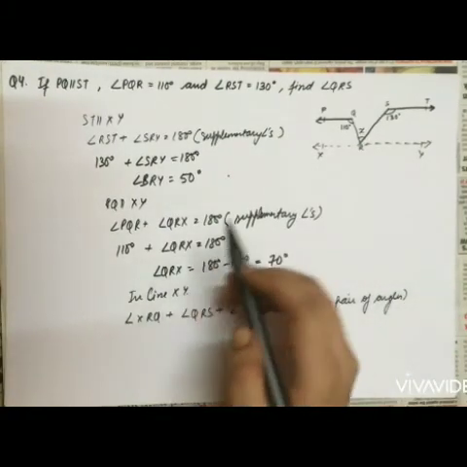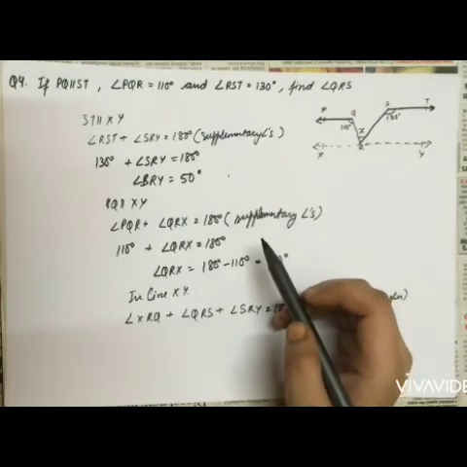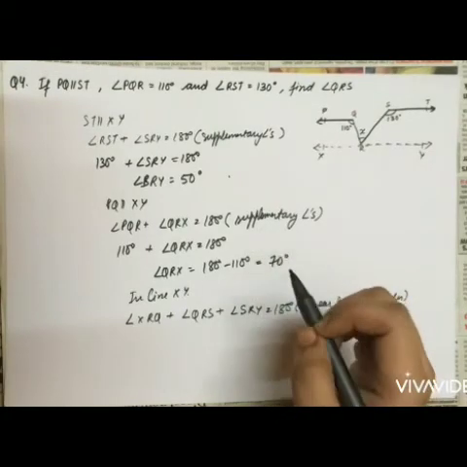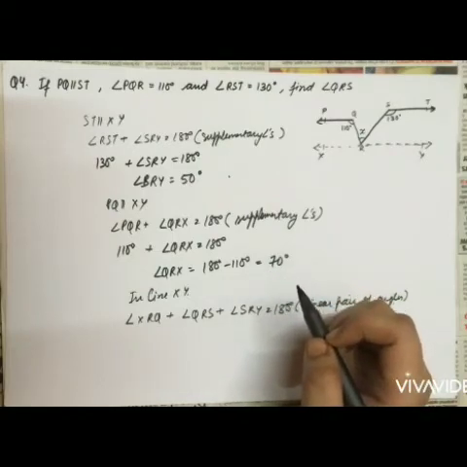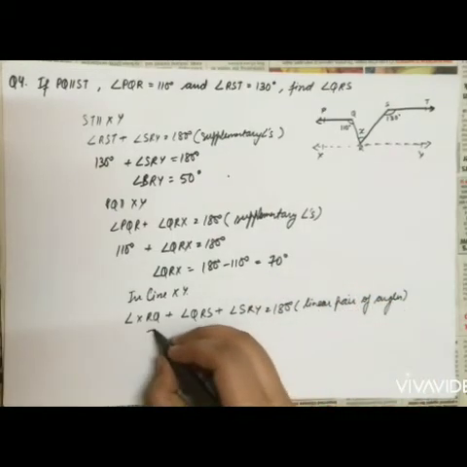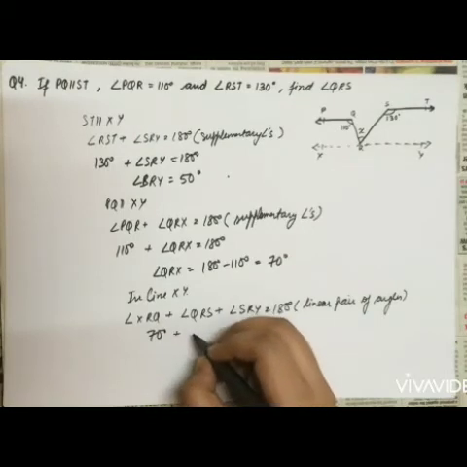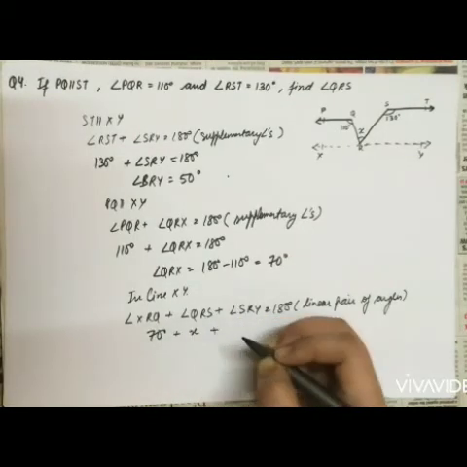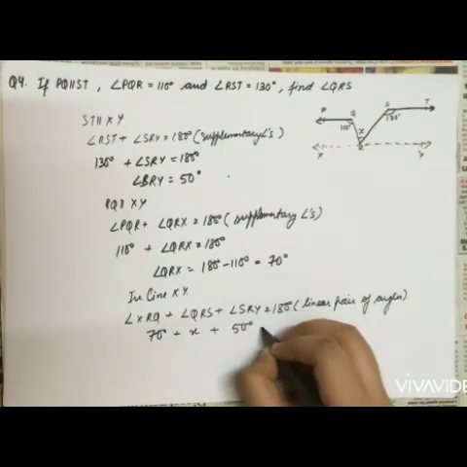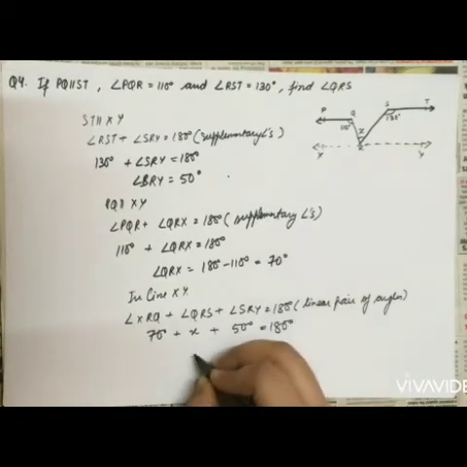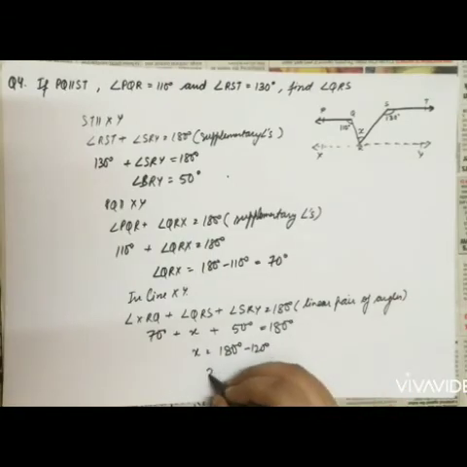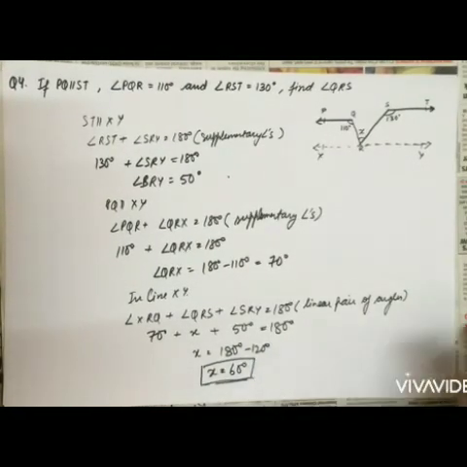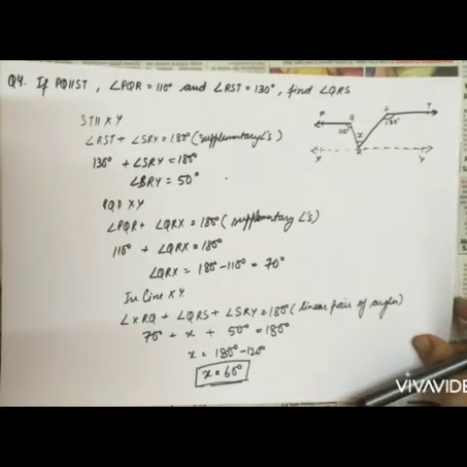Now XRQ is nothing but 70 degree plus QRS is x plus SRY is 50 degree. x is equal to 180 degree minus 120 degree. Now x is equal to 60 degree. Hence this is the answer.